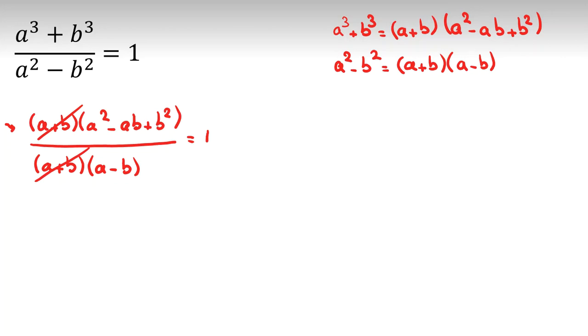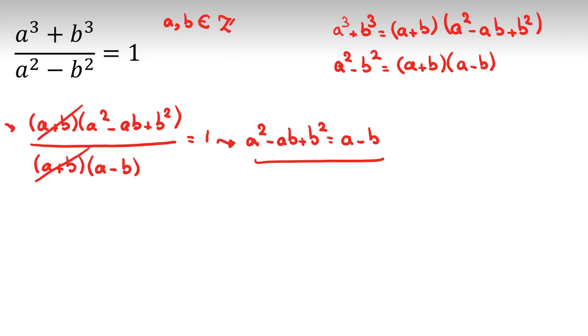Now let's cancel, and we conclude a squared minus ab plus b squared equal to a minus b. And in this problem, we know that a and b are integers. So I can take all things to one side and say it is a quadratic equation in terms of a.